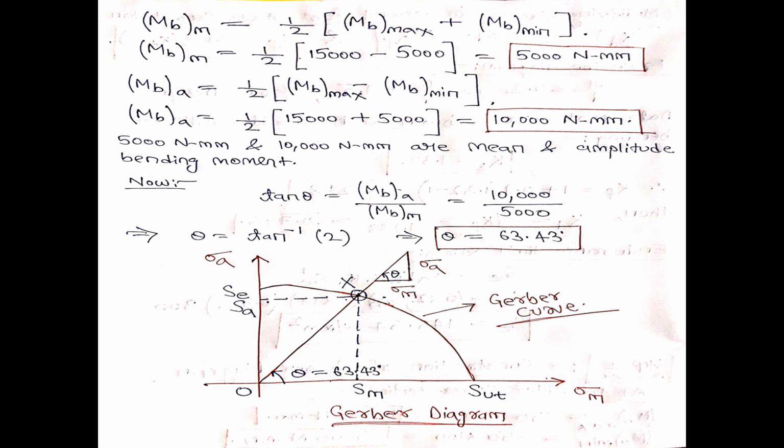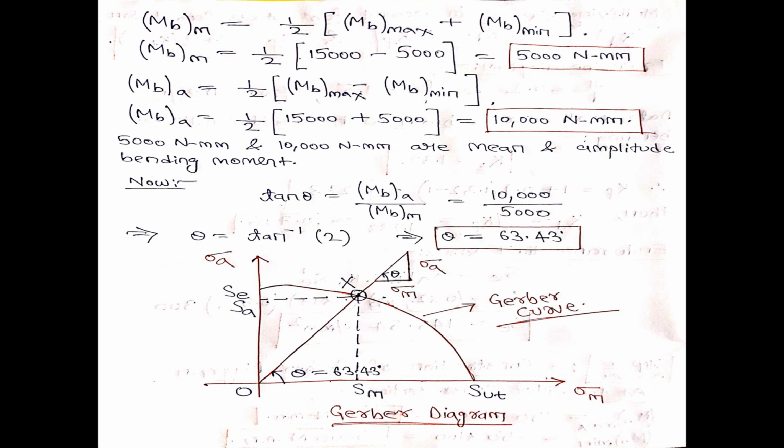So let us find the value of the mean bending moment. I know that the mean bending moment will be half of maximum bending moment plus minimum bending moment. If these were loads, it would be half of minimum load plus maximum load. If this were stress, the mean stress would be half of sigma max plus sigma min. That depends on the problem. So the mean bending moment will be half of maximum bending moment plus minimum bending moment, and the amplitude bending moment will be half of maximum bending moment minus minimum bending moment. If you solve these equations, you will get the mean bending moment as 5000 Newton millimeter and the amplitude bending moment as 10,000 Newton millimeter.